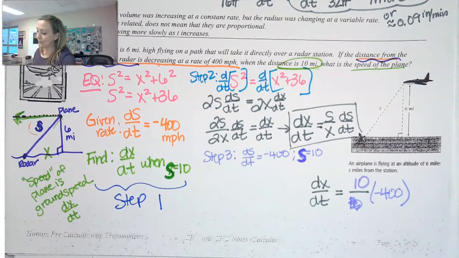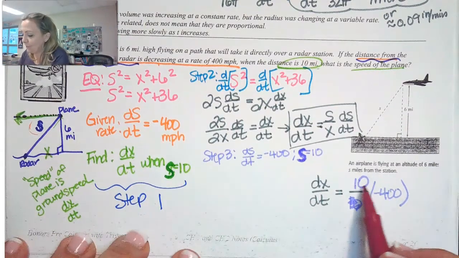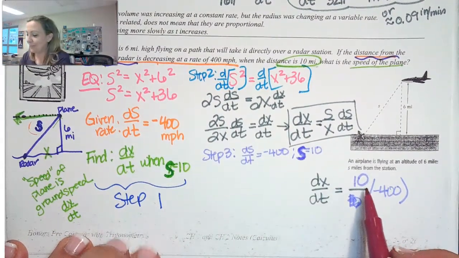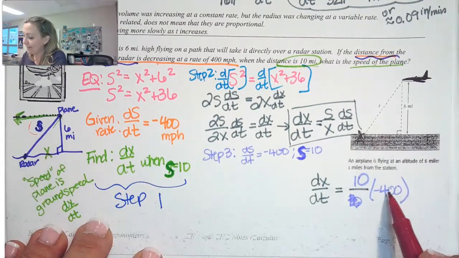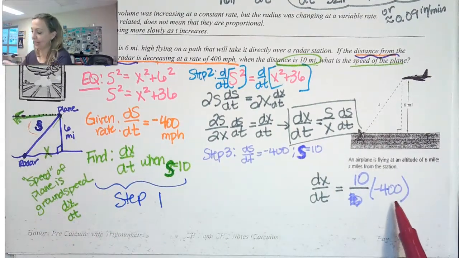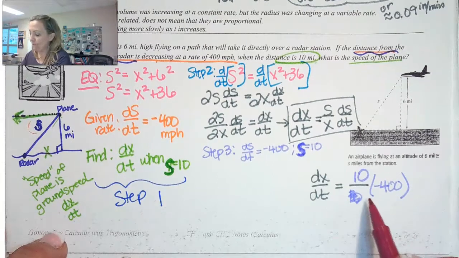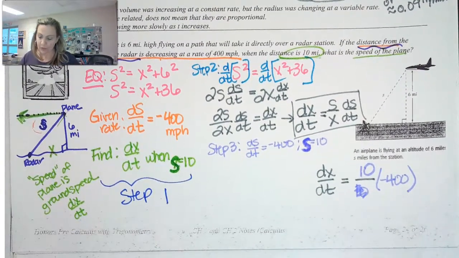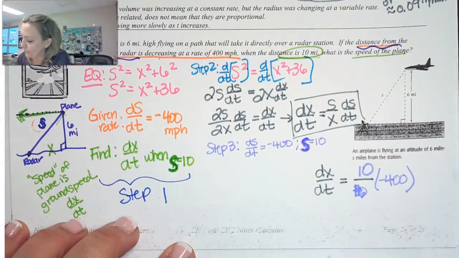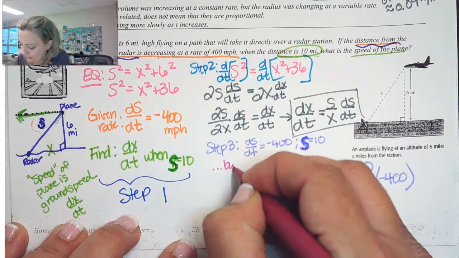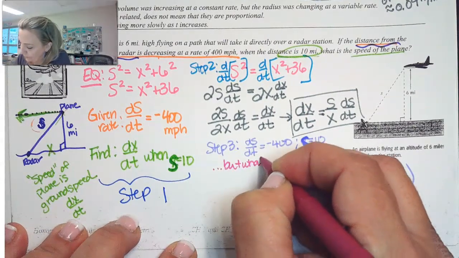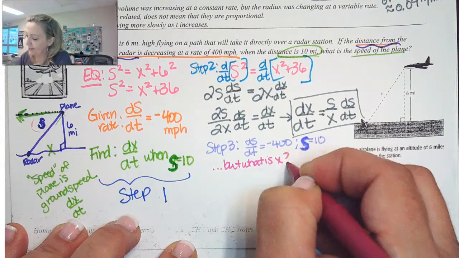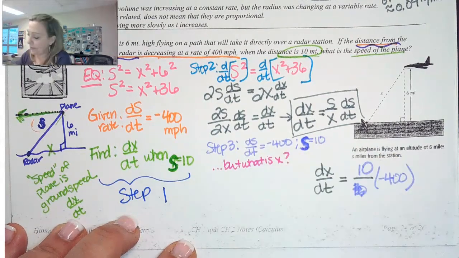Anyway, what we've got is the information for s, the distance from the plane to the radar. We've got the rate of change, but we don't have what x is. So notice that we need x too. But what is x, since it's not 10, like I told you for the last 5 minutes?